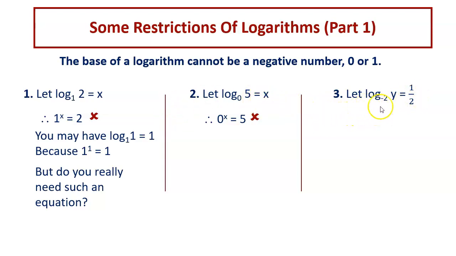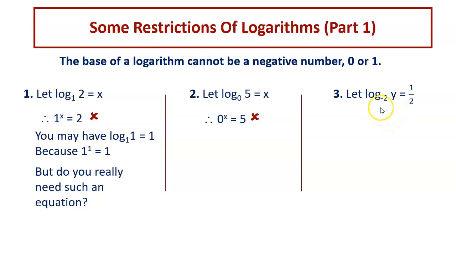Actually, this can be very easily proved using the change of base rule of logarithms, but we haven't come to any properties of logarithms, so I cannot use that rule to prove this. So I have just taken up a special case.